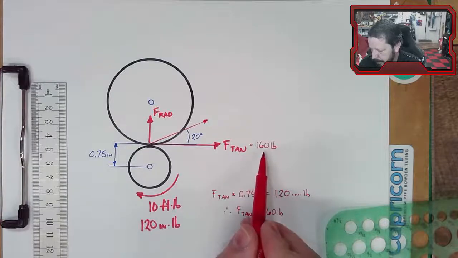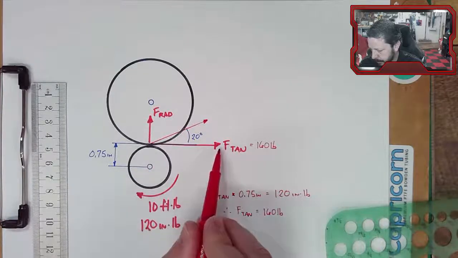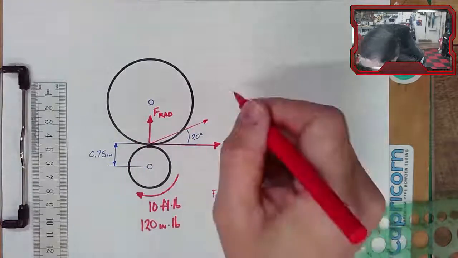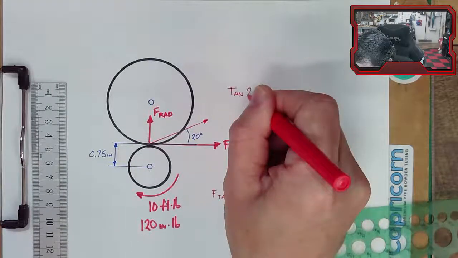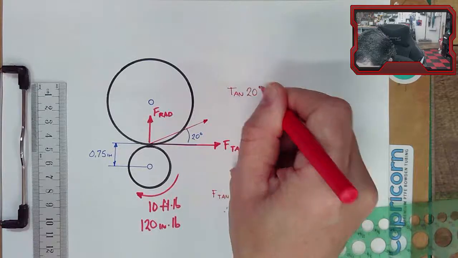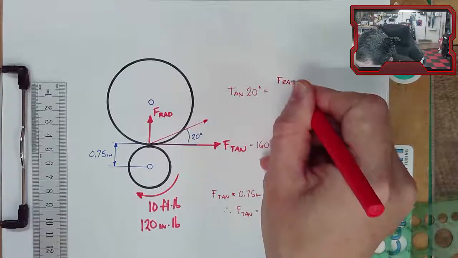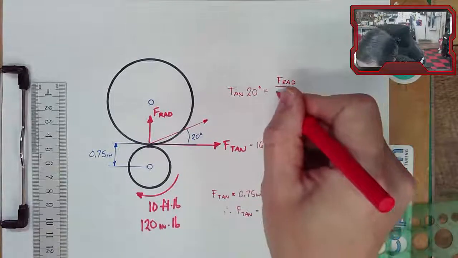I know that one component of it, the horizontal component, is 160 pounds, so I can calculate the radial component with tangent of 20 degrees equals this radial component over the tangential component.